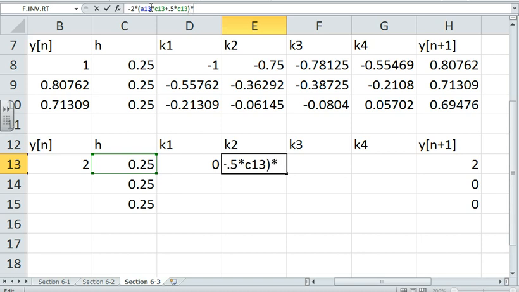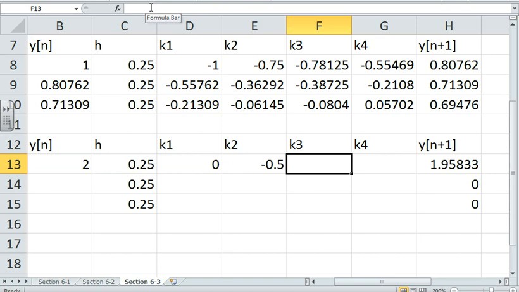Parentheses times parentheses yn B13 plus 0.5 times H C13 times K1, which is D13. Close parentheses. Why don't I have an equal sign out there?